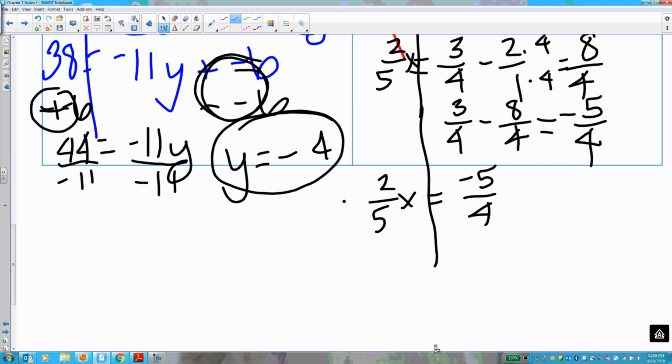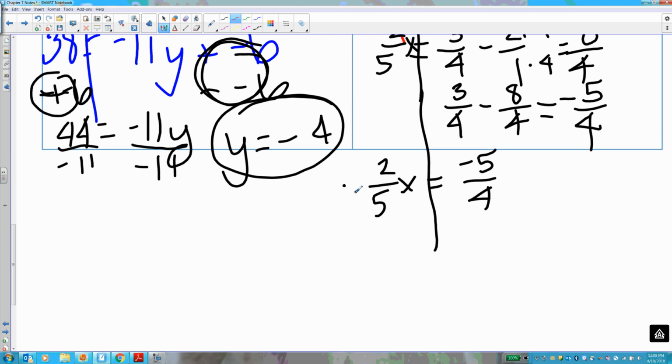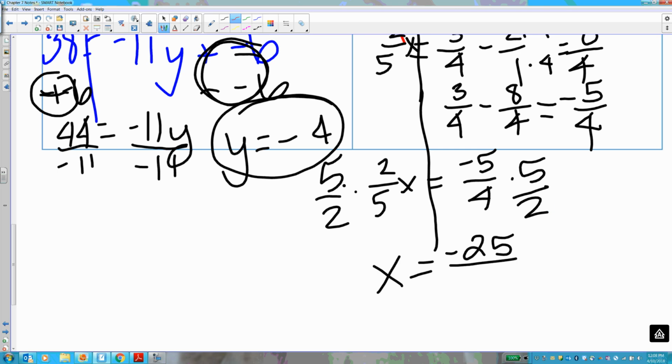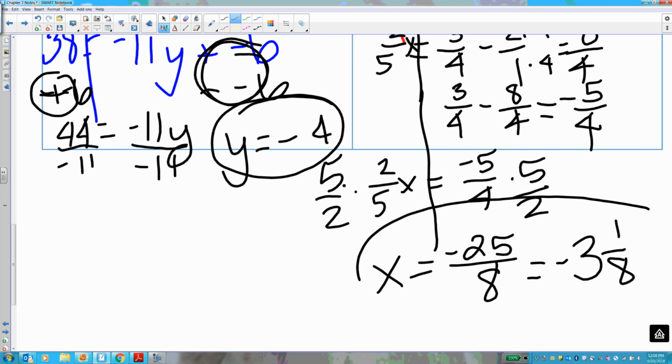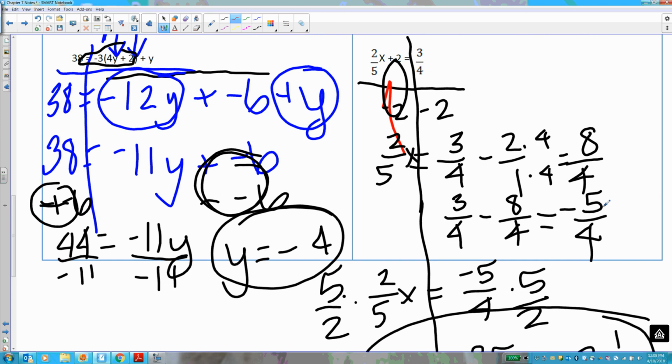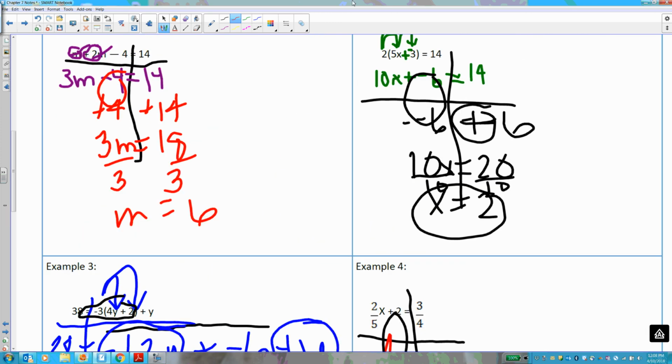And just like we reviewed today, we're going to multiply by the reciprocal. So I'm going to multiply by 5 over 2, multiply by 5 over 2. I'm left with x equals negative 25 over 8, which is the same as negative 3 1/8. So we will practice this a bunch tomorrow, but rewatch this as many times as you need. All right.